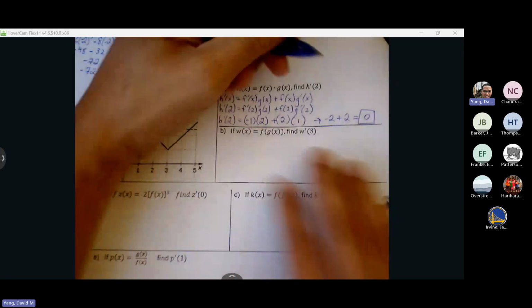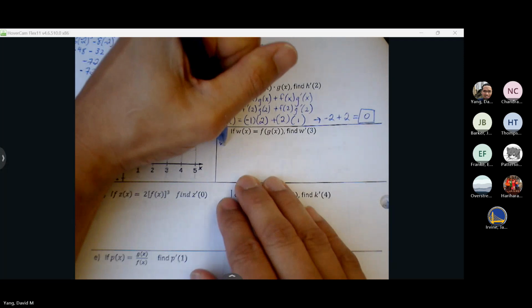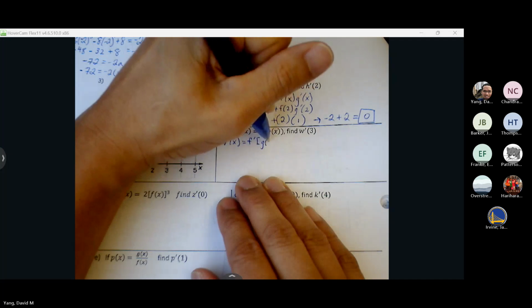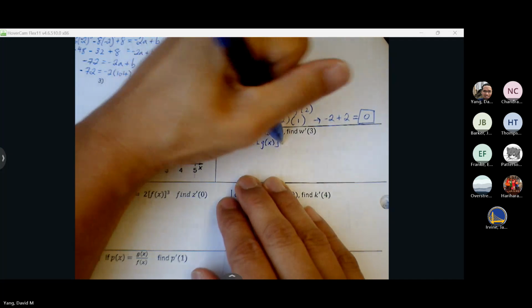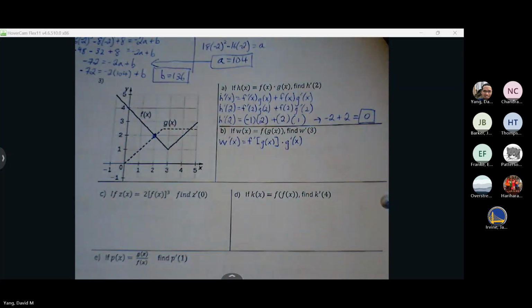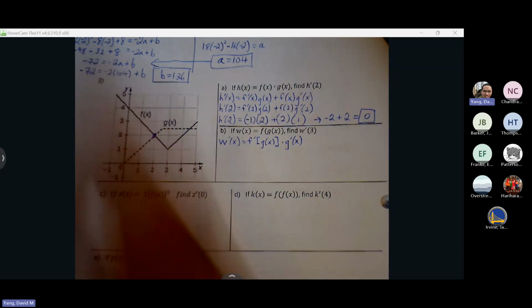Okay, so outside derivative times inside derivative. Replace every x with 3.